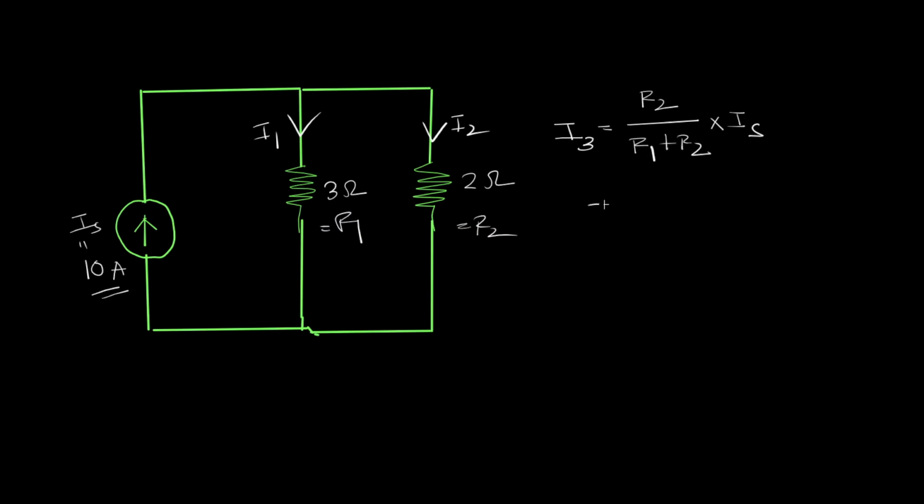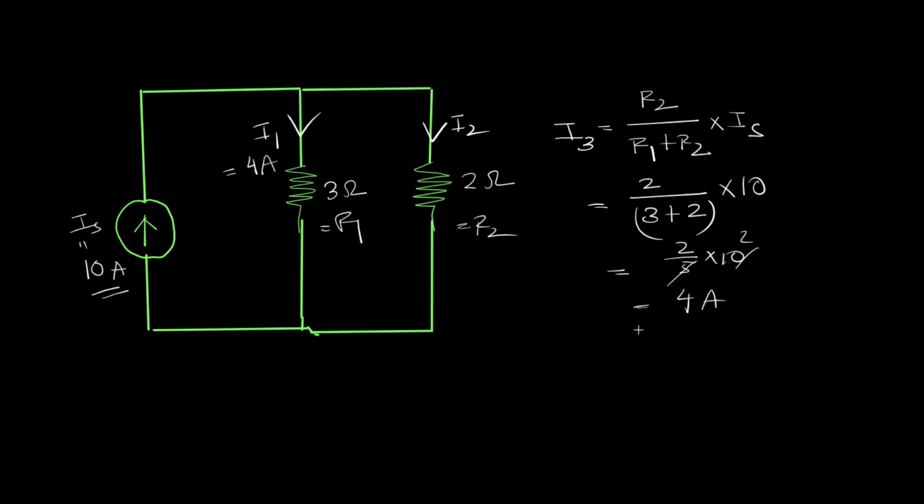Now put the values, like R2 equals to 2 ohm and R1 equals to 3 ohm plus R2 equals to 2 ohm again into the source current, which is 10 ampere. So it will give you 2 by 5 into 10, that means 4 ampere. So the current flowing through this R1 or the 3 ohm is simply I1 equals to 4 ampere.